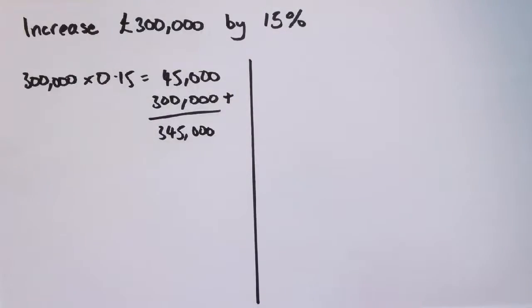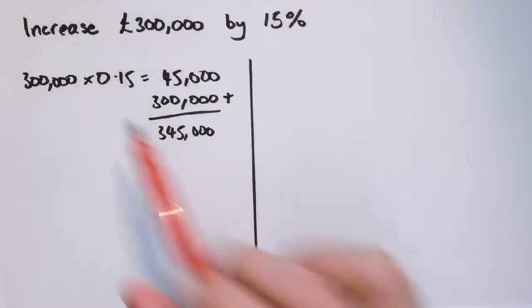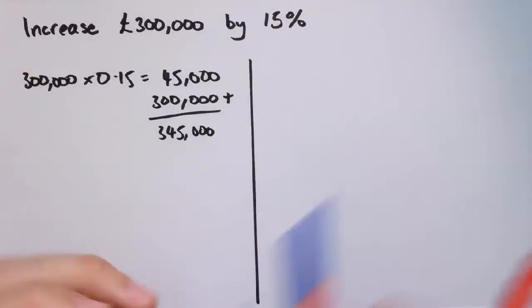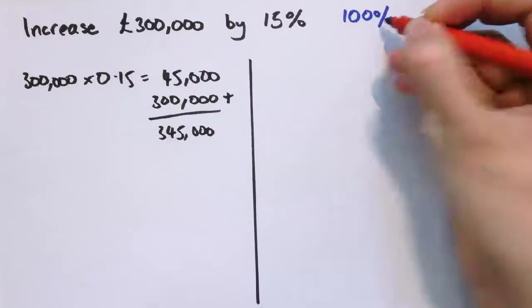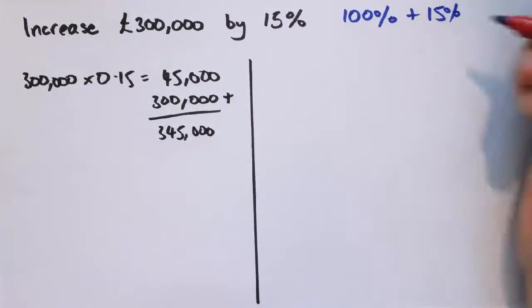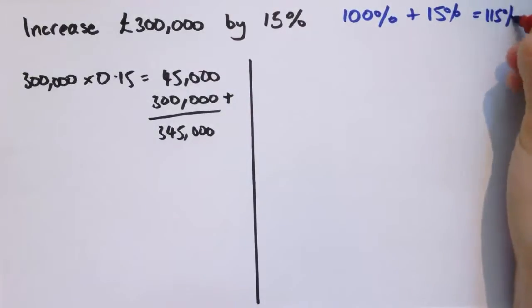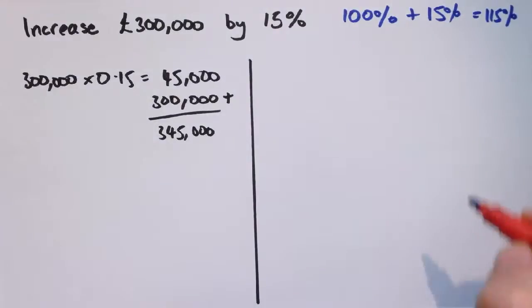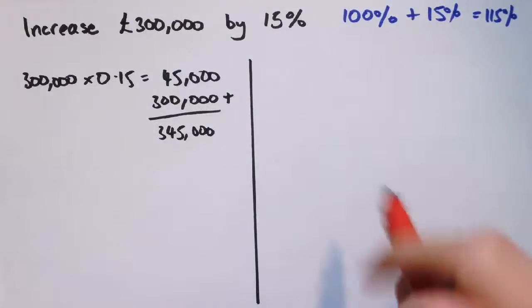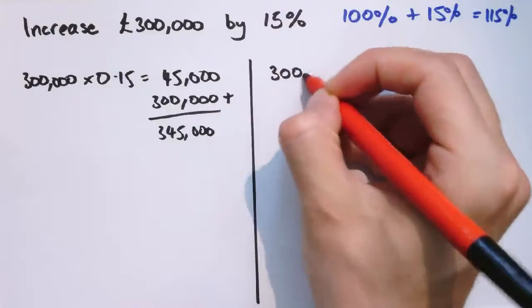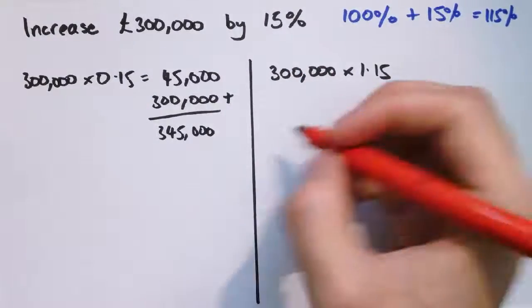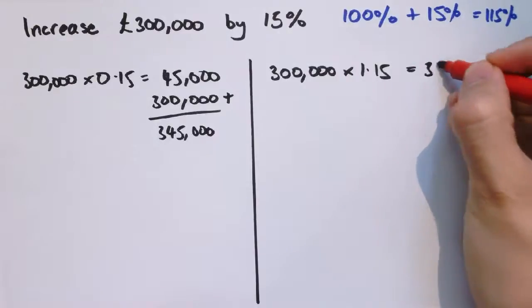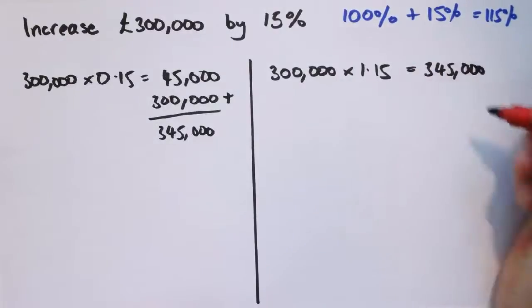We could, of course, instead of converting it to the scale factor of 0.15, have said, okay, if I'm increasing by 15%, what I'm essentially saying is I've got 100% to start off with, and I'm adding on another 15%, and that's going to give me 115%. So the overall scale factor, if you like, is 1.15. So I could have just said 300,000 times 1.15 and worked that out and got 345,000 directly.